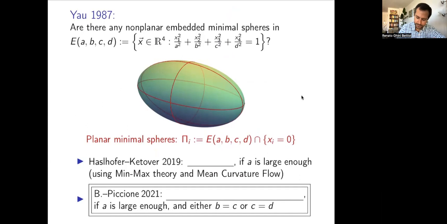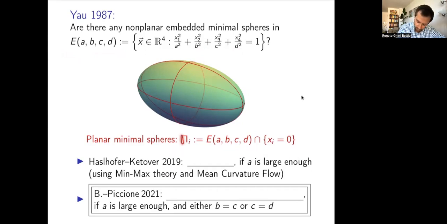So by some analogies with what happens with geodesics in two-dimensional spheres, Yau proposed this question of whether the only minimal spheres in this ellipsoid, so this is a three-dimensional ellipsoid sitting in R4, semi-axis A, B, C, D, whether they are necessarily these 4, well, in the picture there's only 3 since I'm dropping dimension by 1, if there's only these 4 planar minimal spheres, namely the intersections with the 4 hyperplanes orthogonal to the 4 axes in R4.